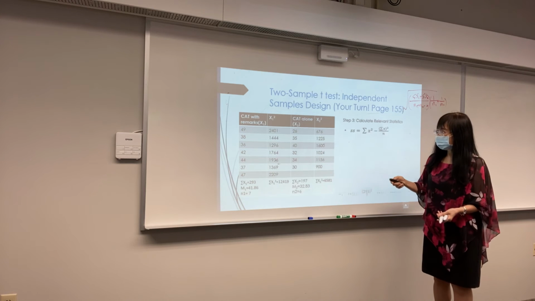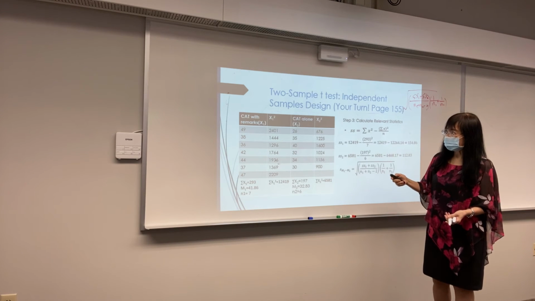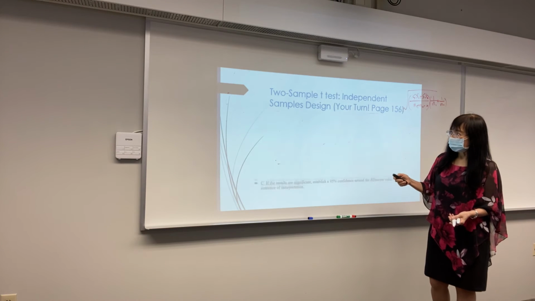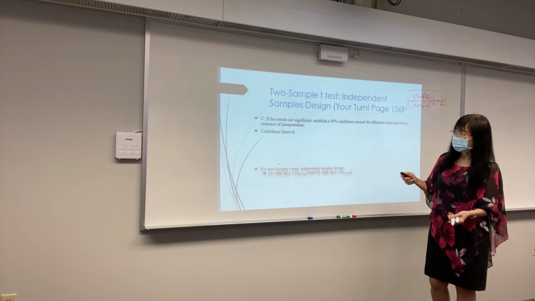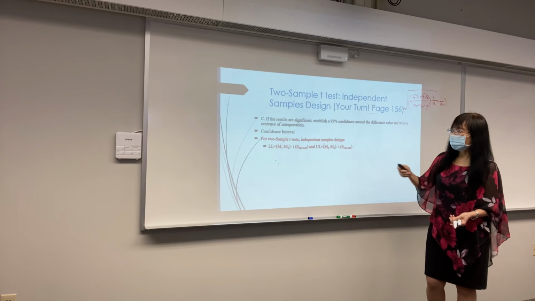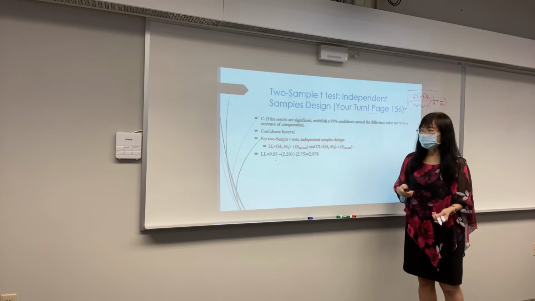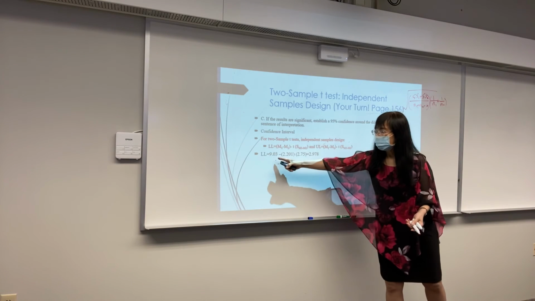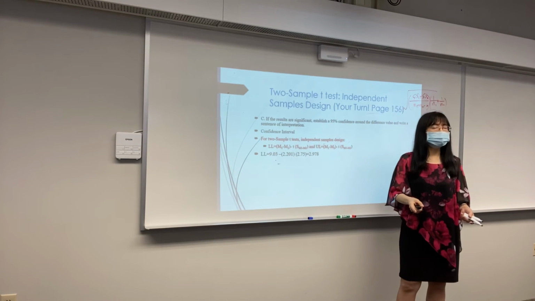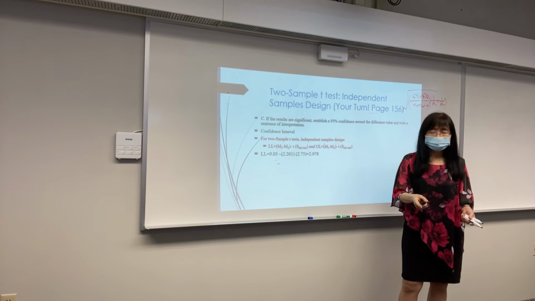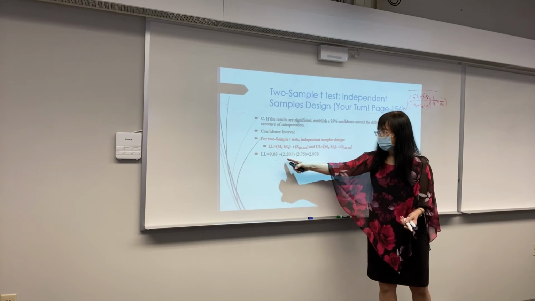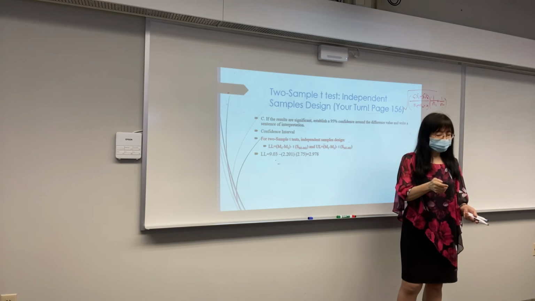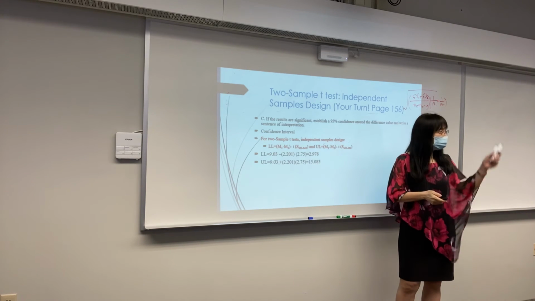I didn't repeat that part, so just make sure you know where it is. That's the formula, and that's the number, 2.201. So you subtract the two mean scores, you got 9.03, and then you subtract, and you multiply them, and you get this number. And then you add them, you got the other number.